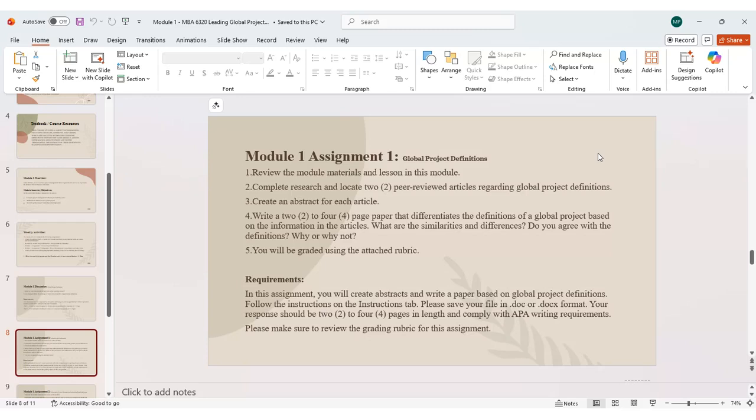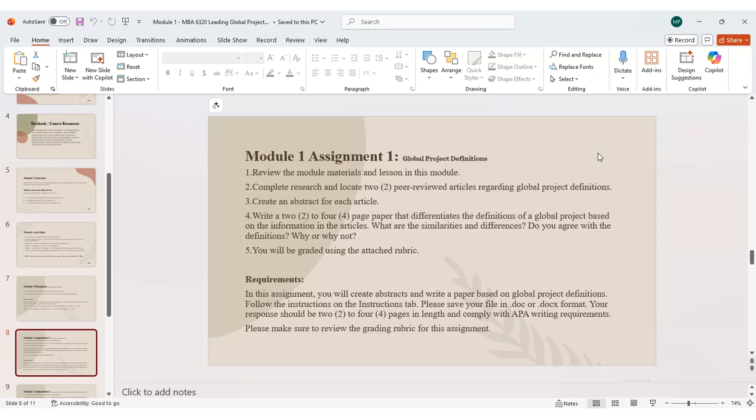Then you'll need to complete the research and locate 2 peer-reviewed articles regarding global project definitions. Then you'll need to create an abstract for each article, and then write a 2 to 4 page paper that differentiates the definition of global projects based on the information in those articles.